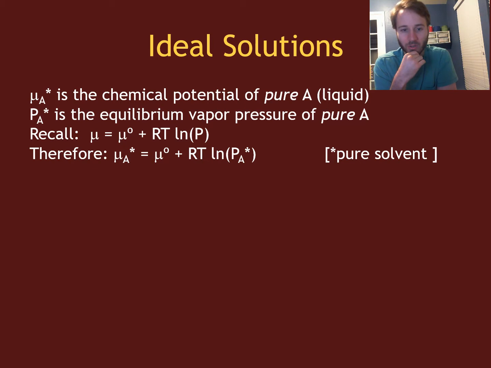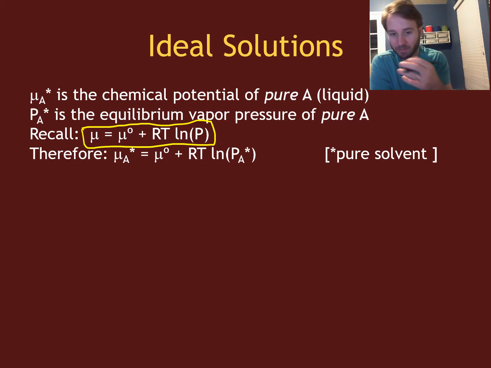And if we recall, the chemical potential of the gas phase, of that vapor, is just equal to the standard chemical potential at 1 bar plus RT ln of P. So the chemical potential of a pure liquid is equal to the standard chemical potential of that substance at 1 bar in the gas phase plus RT ln of the partial pressure of the gas of that pure liquid.